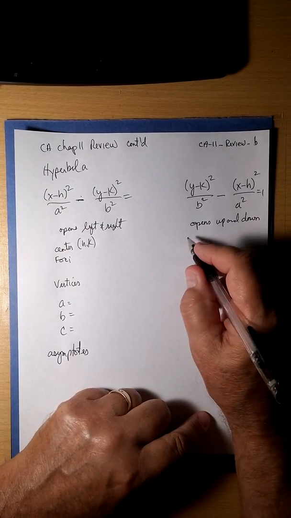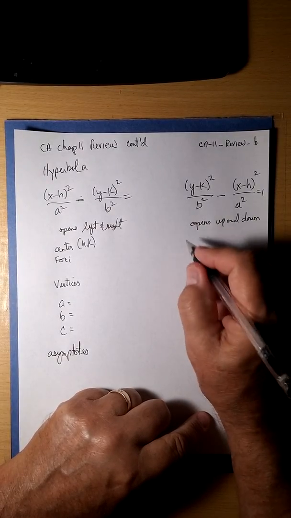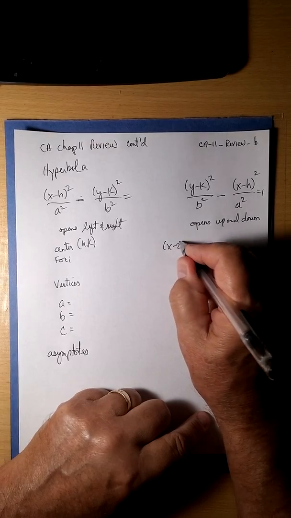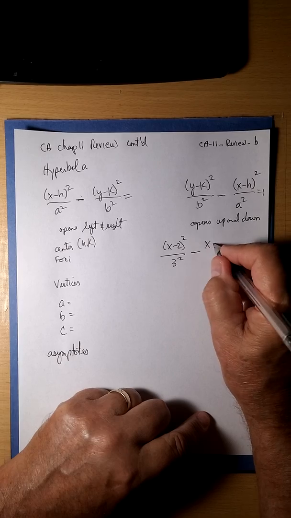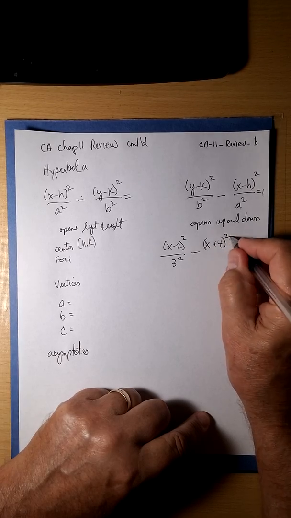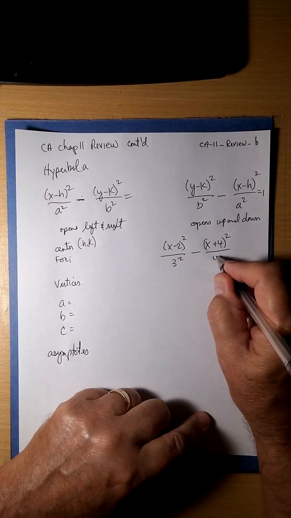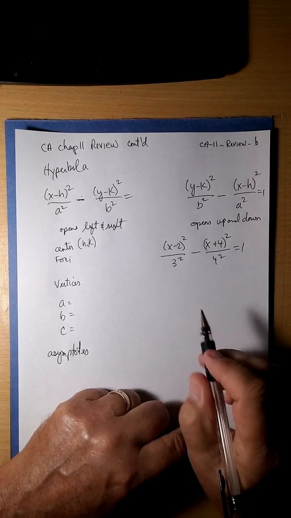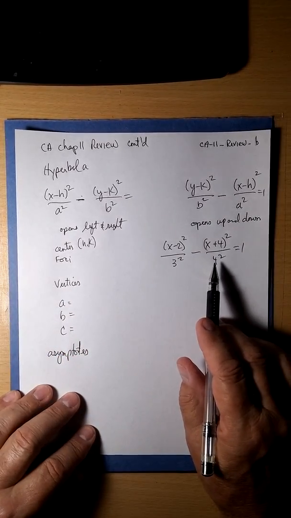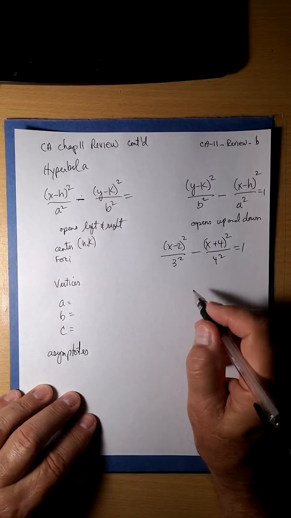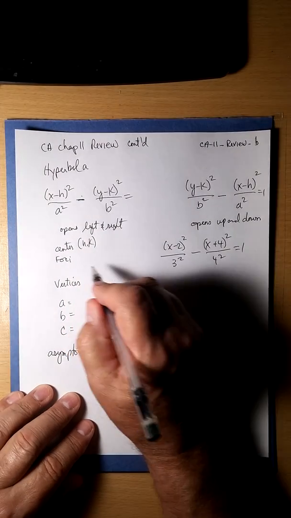In order to draw this, let's first of all write an example. We'll say (x minus 2) squared over 3 squared minus (y plus 4) squared over 4 squared equals 1. So this is the opens left and right situation, but they both start the same way. What is the center?